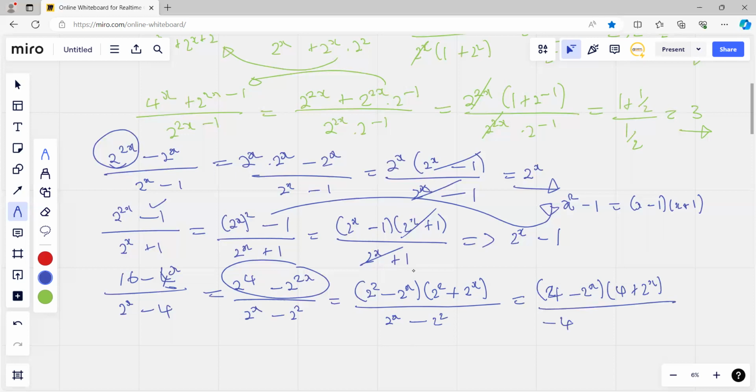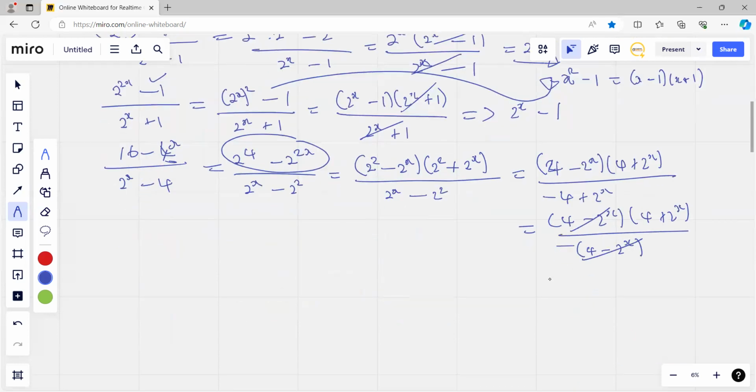Then this is equivalent to 4 minus 2 to the exponent of x, 4 plus 2 to the exponent of x, divided by negative. We take the negative outside as a common factor, then we'll be left with 4 minus 2 to the exponent of x. As you can see, this and this cancel, but the answer is going to be negative 4 plus 2 to the exponent of x.